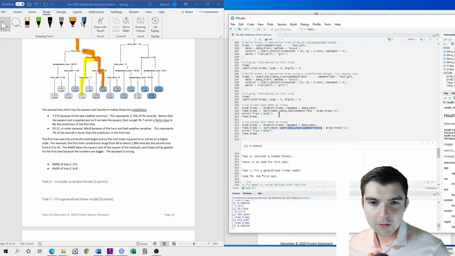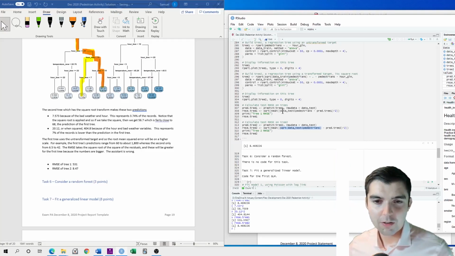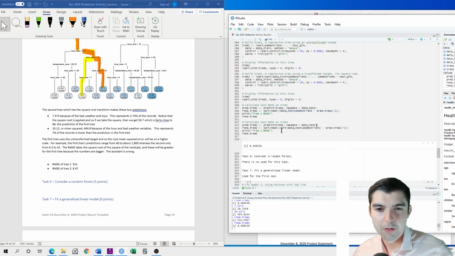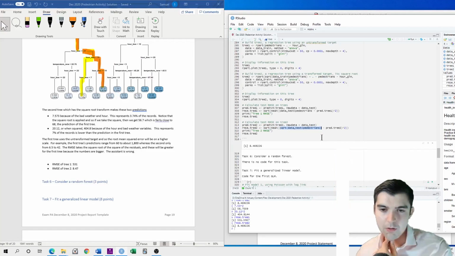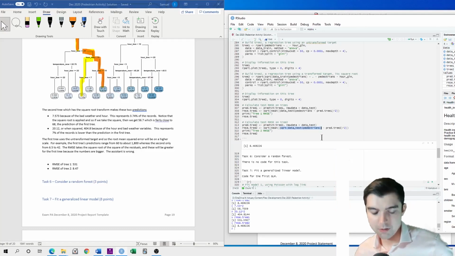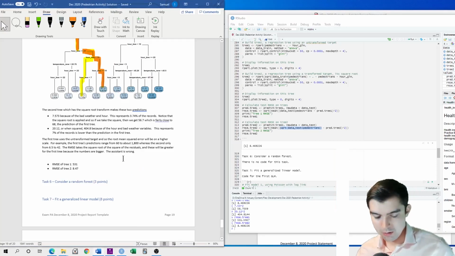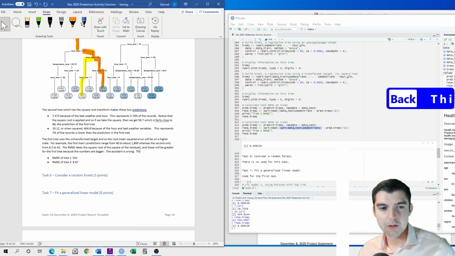So the first one just takes the square root of the mean of the square of the residuals. And the second one takes the square root of the residuals. Okay, so if we wanted to fix this, we couldn't, because they're basically different models. So this is an apples to oranges comparison.